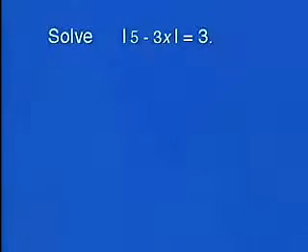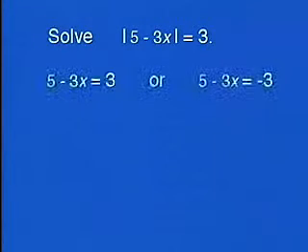Now let's look at an example here that involves the first type of absolute value equation. We want to solve the absolute value of 5 minus 3x equals 3. Now we know that 5 minus 3x must be 3 units from 0. So 5 minus 3x equals 3, or 5 minus 3x equals -3.